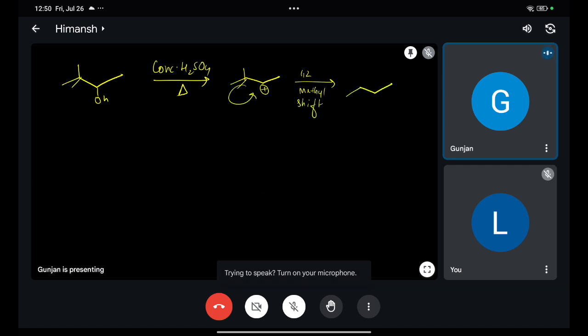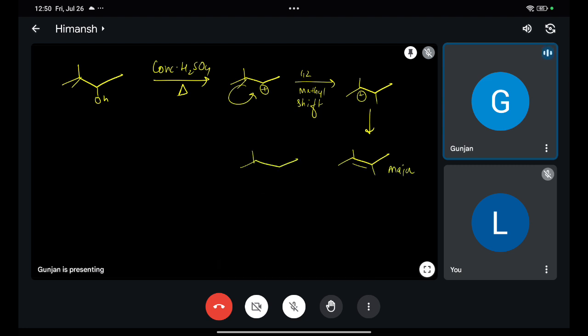Ethyl shift will happen, right? Carbocation over here, methyl will be. This will be the alkene which is produced in the major quantity. Another alkene will be in the minor quantity. Yes, ma'am, because the more substituted, the more stable.